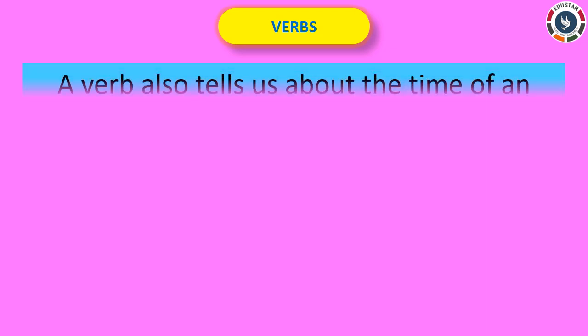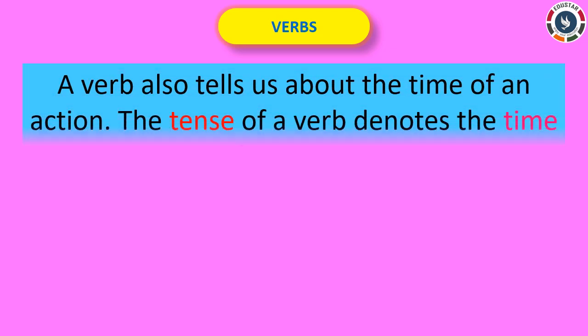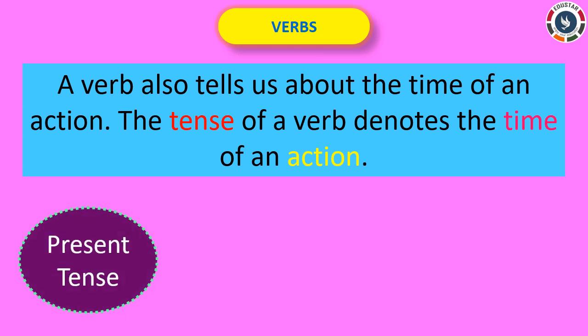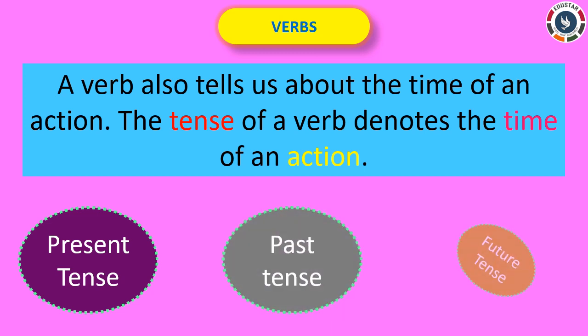A verb also tells us about the time of an action. That is, the tense of a verb denotes the time of an action. Now there are three main tenses: present tense, past tense, and the future tense.